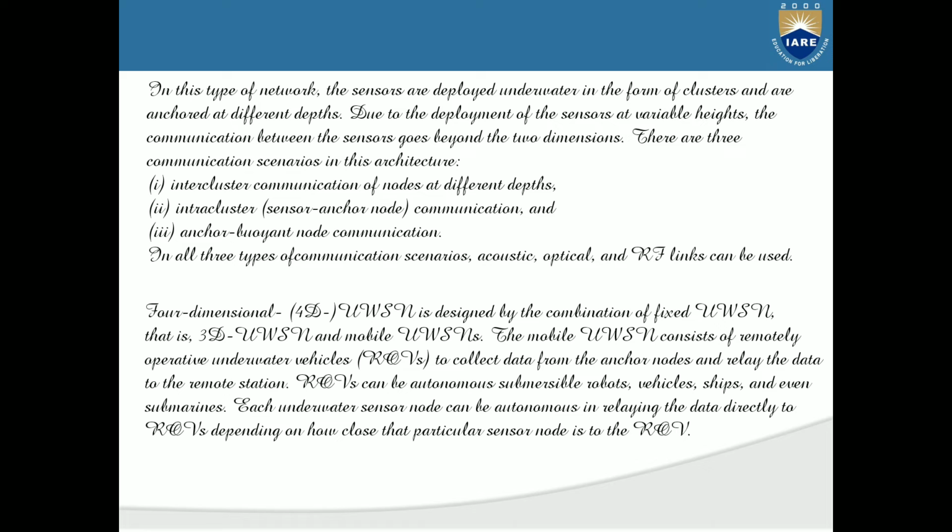ROVs can be autonomous submersible robots, vehicles, ships, and even submarines. Each underwater sensor node can be autonomous in relaying the data directly to ROVs depending on how close that particular sensor node is to the ROV.